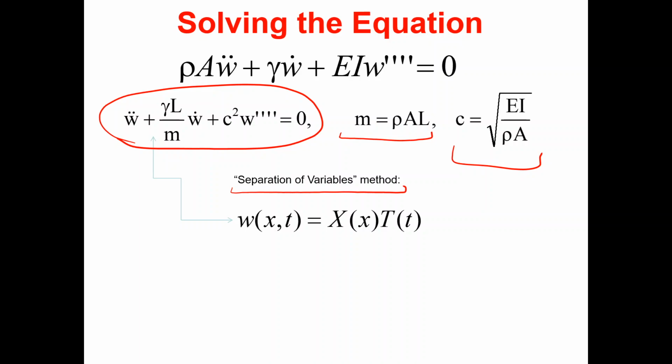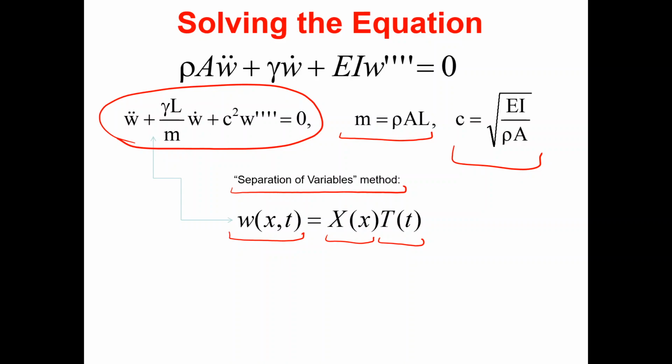So what is separation of variables? Separation of variables is to transform a function of two variables into the multiplication of two functions, where one of them is a function of just location, and the other one is a function of time for this specific case.